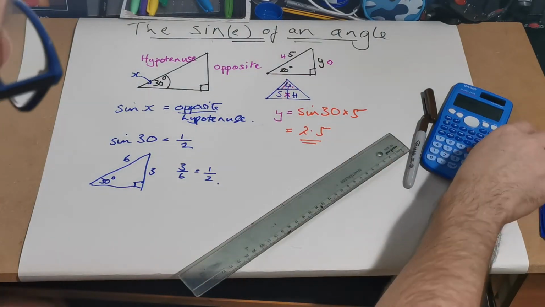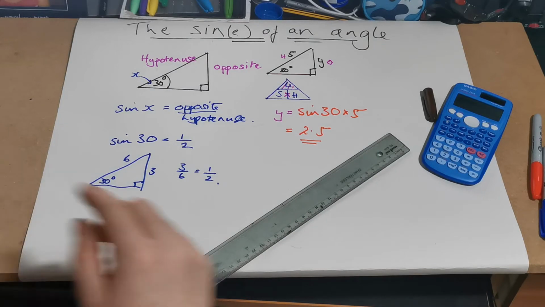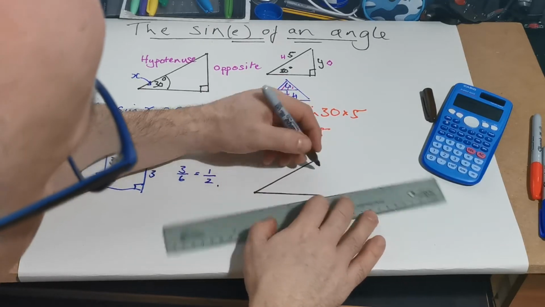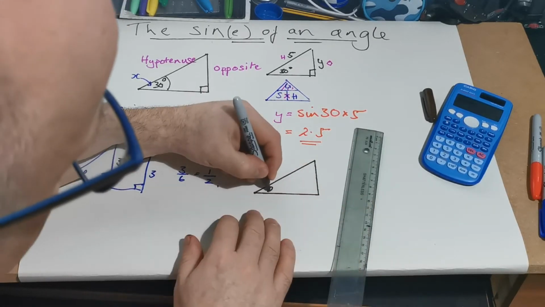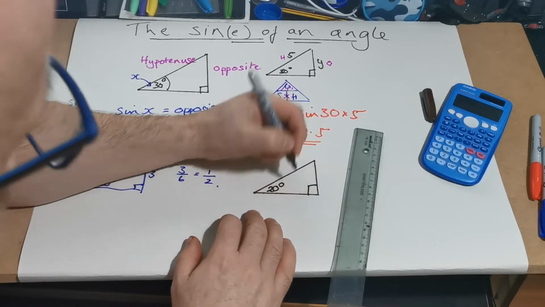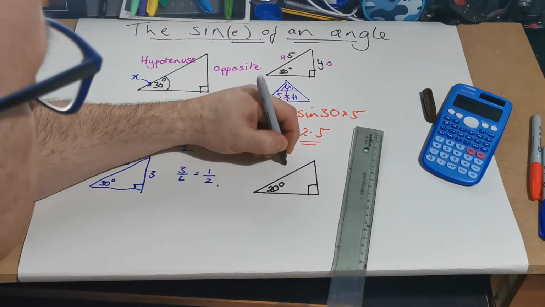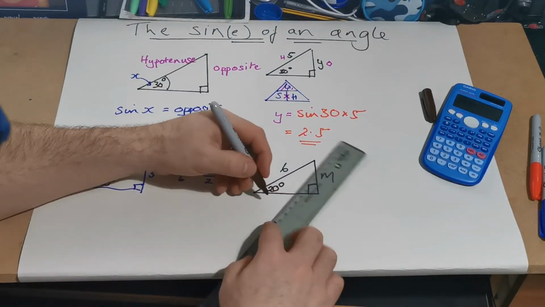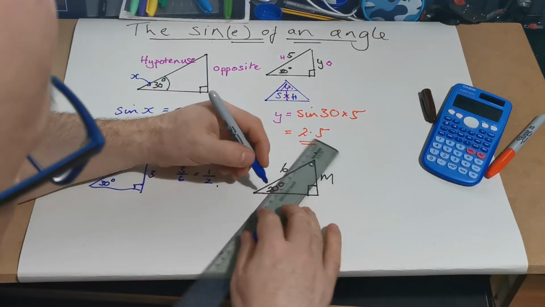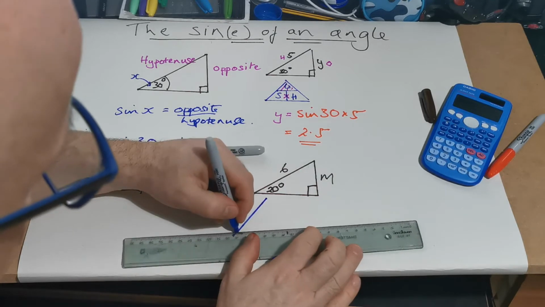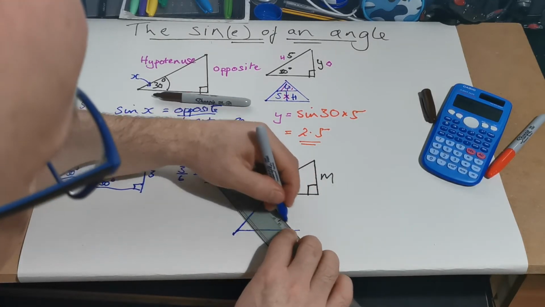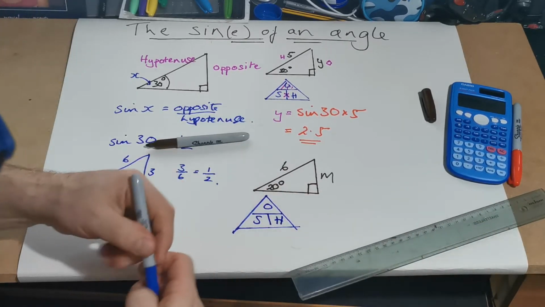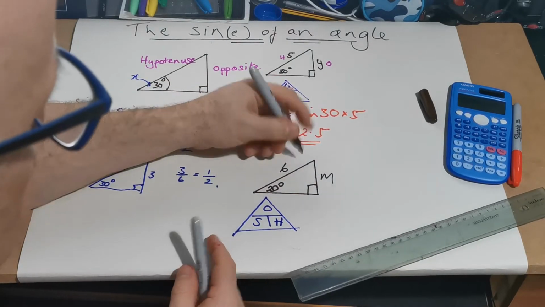Now, sine 30 is a particularly nice one. Mostly they don't work out as nice as that. So let's have a look at a different one. I've got 20 degrees here, and let's say that is 6, and that is M, we'll call that. So I'll do my algebra triangle. We'll always start off with that. So again, there's my hypotenuse.